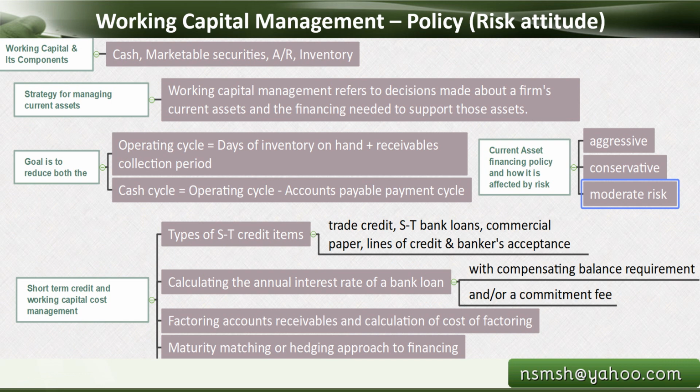So cash and marketable securities, accounts receivable and inventory are the main components of working capital. How do we effectively manage them using our risk attitude and gain returns, or leverage them to have a financial gain? That is important in working capital management based on the policy, because each company and each management may have a different attitude, and each company may have a different environment.